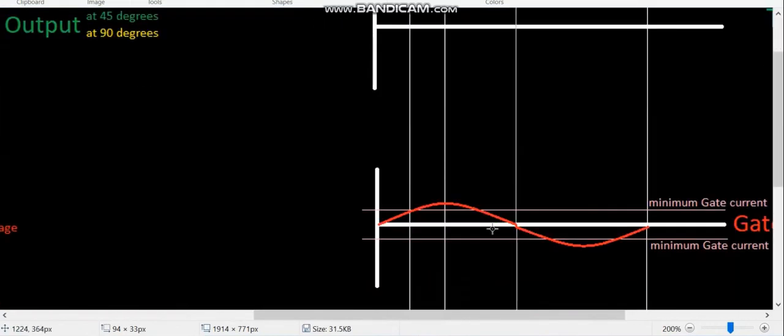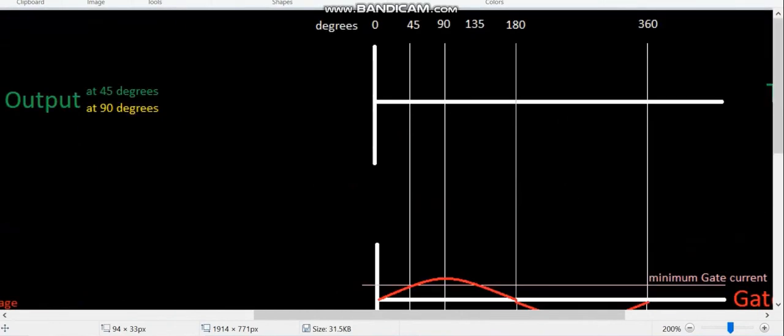Okay. So this one here, my current value is less here. So I'm going to see less amount of conduction, right? So there's my 0 to 180. And it's certainly going to be less. So, I'll put it somewhere around there.